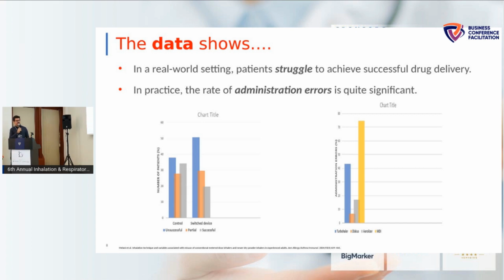Another one is a comparison of the percentage of administration errors between three different types of DPIs and one MDI. Of course, for the MDI, as was also touched on yesterday, the mechanism is active, so there needs to be a synchronization between activating the device and inhaling the aerosol by the patient, whereas for the DPIs it is a passive mechanism.